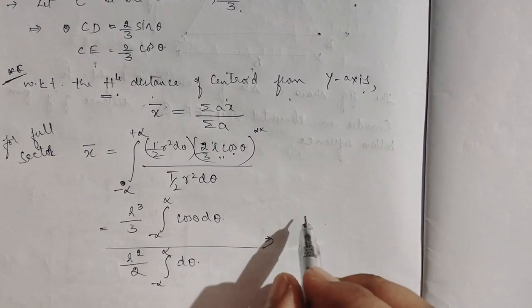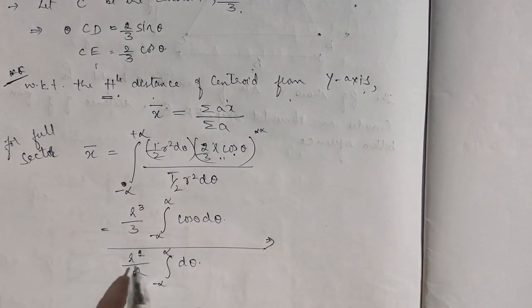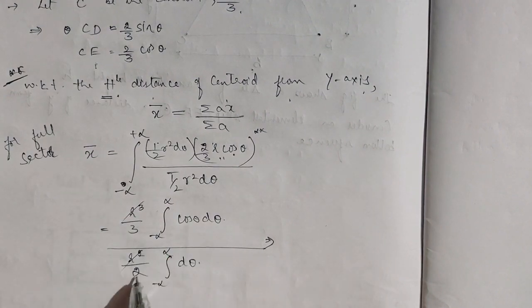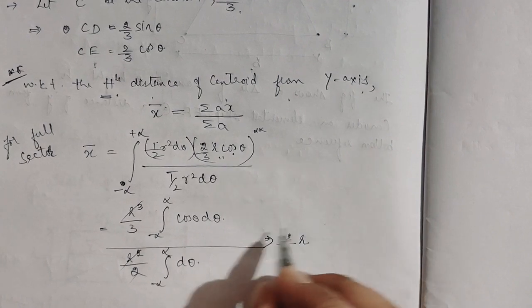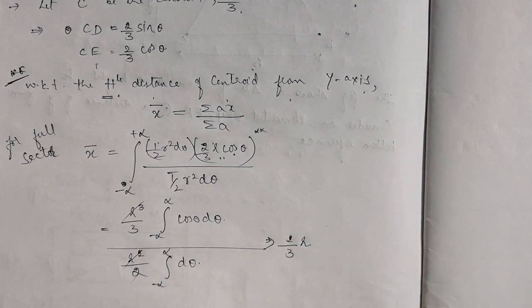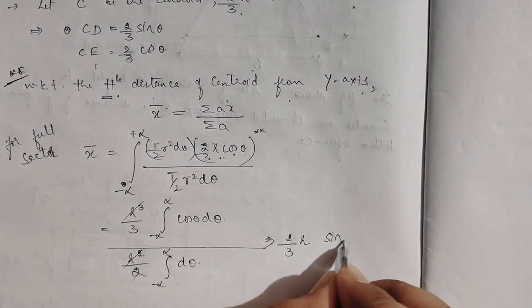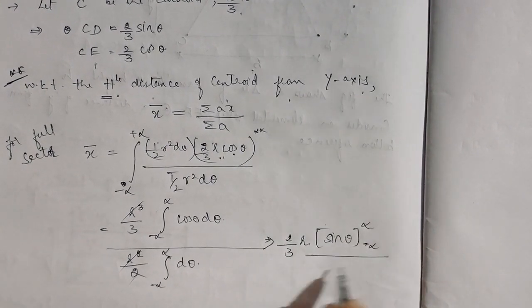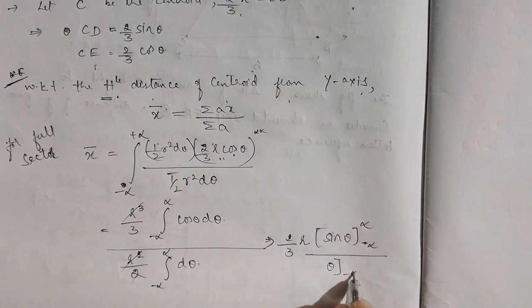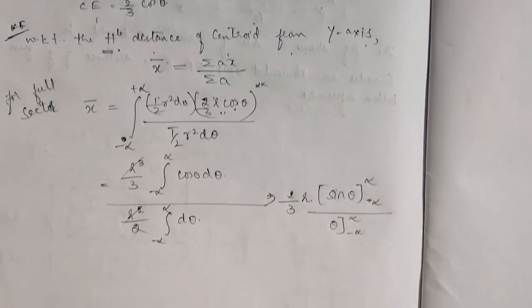So if we integrate, what we will get, 2 by 3 r. If we integrate cos theta, we will get sin theta, from minus alpha to plus alpha, divided by theta from minus alpha to plus alpha.